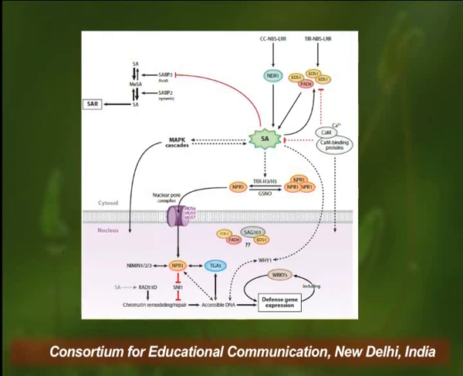So once these oligomers are broken down, monomers are produced. These monomers enter the nuclear region through the nuclear pore, wherein they further activate various transcription factors and that leads to the expression of the protective genes.